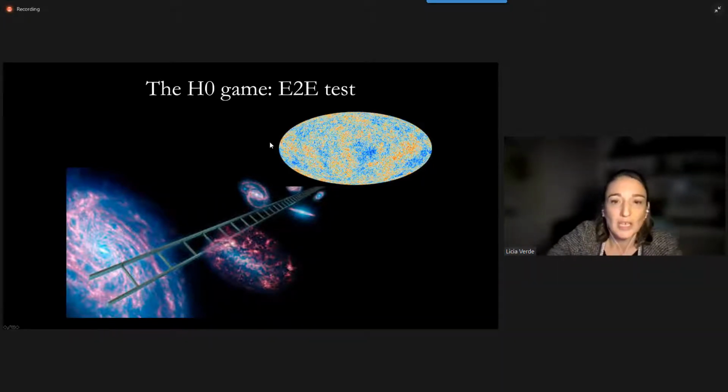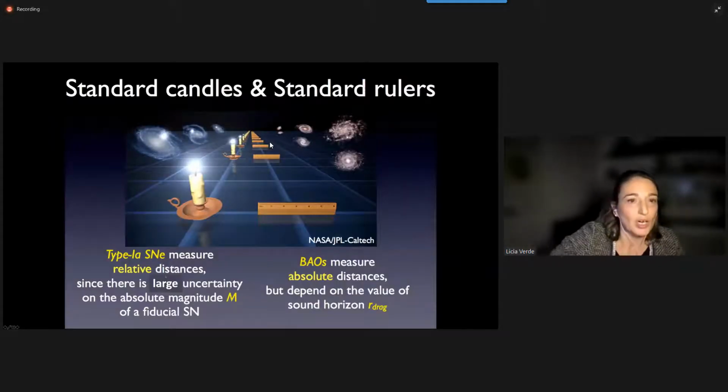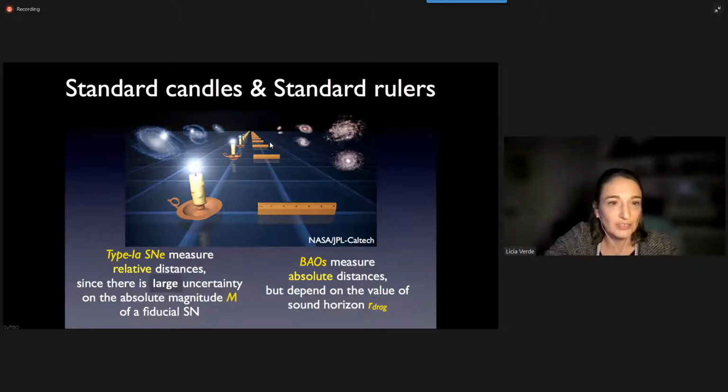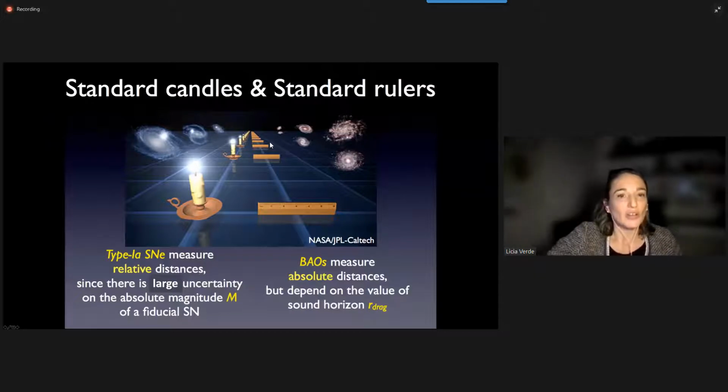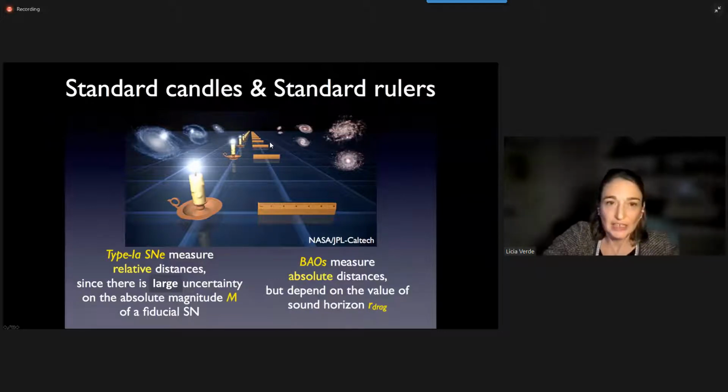And this is because the supernovae can be used as a standard candle, and they are very good at giving relative distances. On the other hand, the clustering of the baryon acoustic oscillation can be used to measure absolute distances if they are calibrated on the value of the sound horizon at radiation drag, that is the standard ruler that is seen in the CMB data.